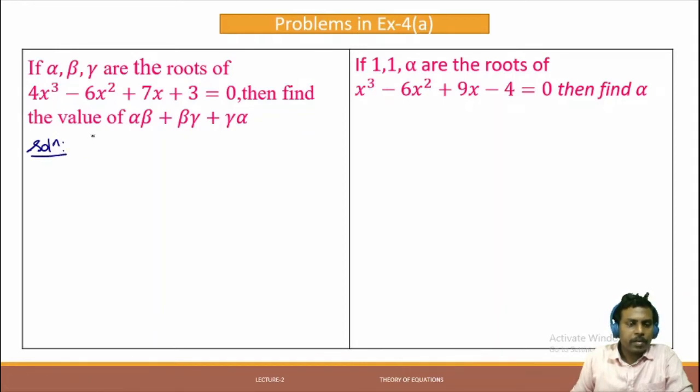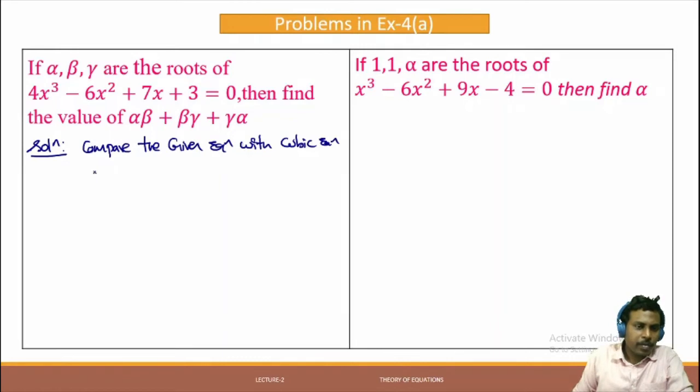Okay, so the given equation is a cubic equation. So we know, compare the given equation with the cubic equation a x cube plus b x square plus c x plus d is equal to 0.